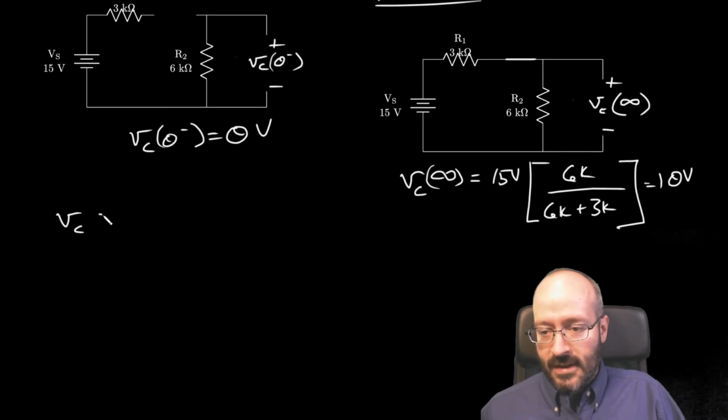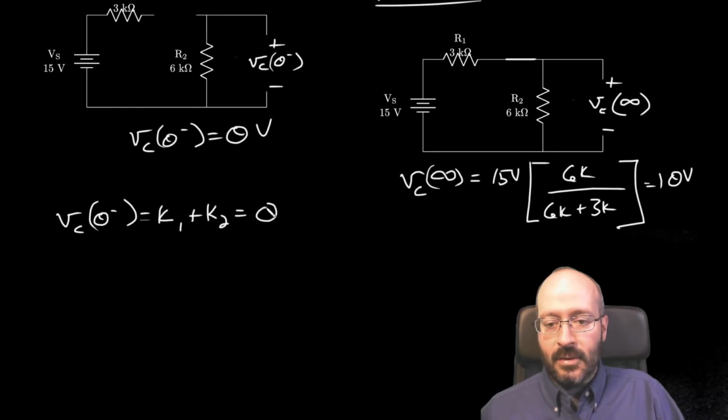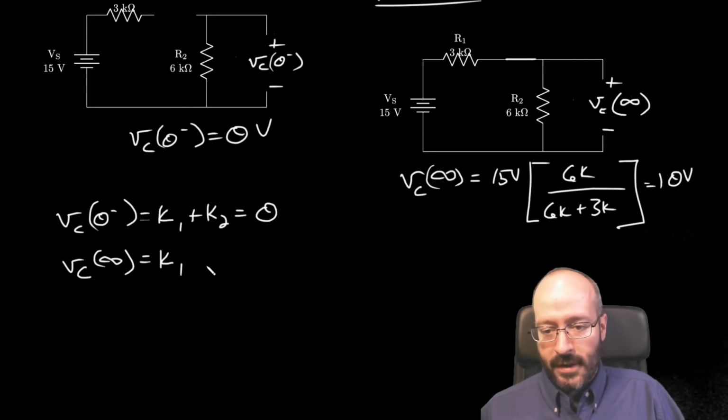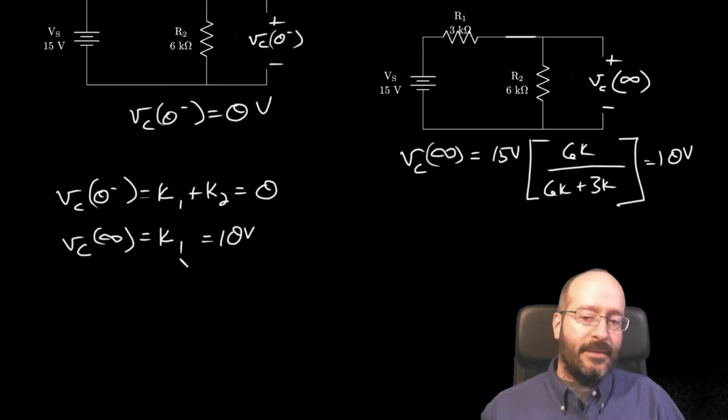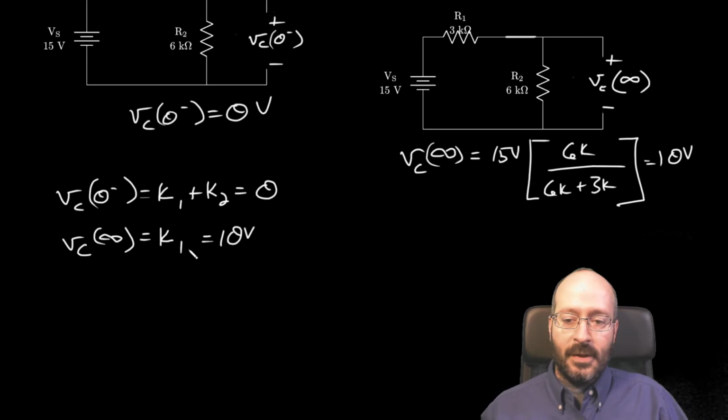So VC at 0 is equal to K1 plus K2, and that's equal to 0. And VC at infinity is equal to K1, and that's equal to 10 volts in this case. Now, it's real easy to screw this up if you move too fast. We're plugging in 10 volts for K1.